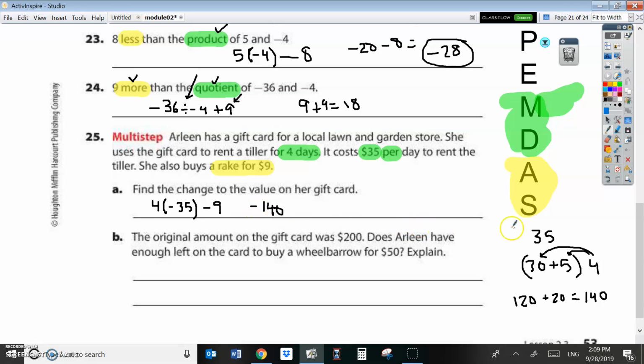But it's negative, remember, because it's something that she bought. Rent, cost, negative amount. So that's going to be negative, and that'll be negative, and that'll be negative. So she spent 140 on the tiller, and now she's got to do the rake. Minus 9. So she spent 149.